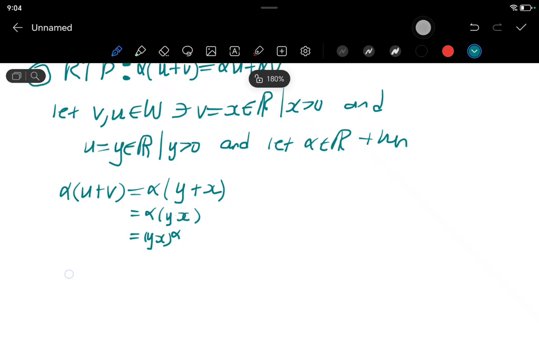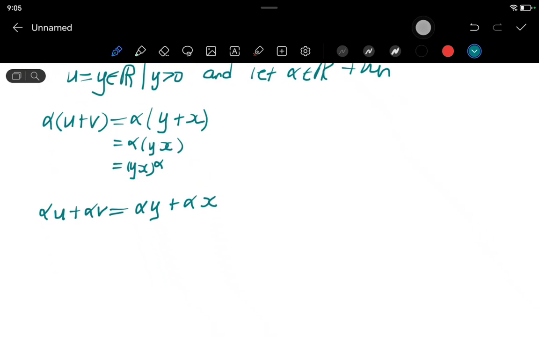We check the side where we're having alpha u plus alpha v, which will be equal to, let's check, this is alpha, this is y, alpha, this is x. We can see which one to do first.